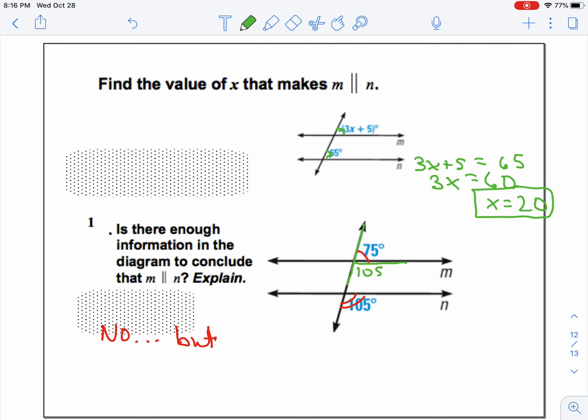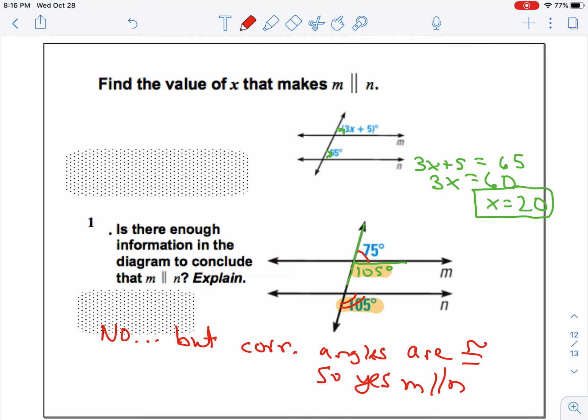So if this one is 75, then this has to be 105. And now what you have is corresponding angles. So corresponding angles are congruent. So yes, M is parallel to N.